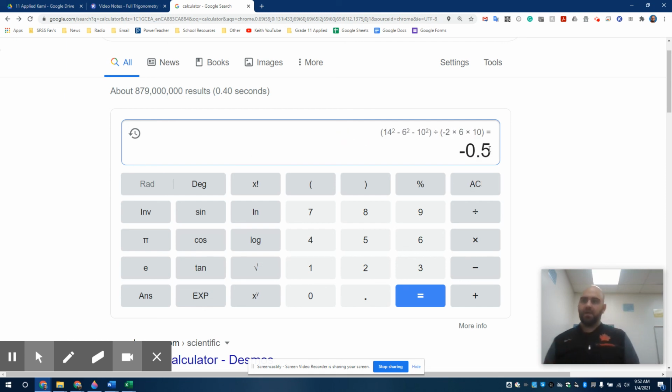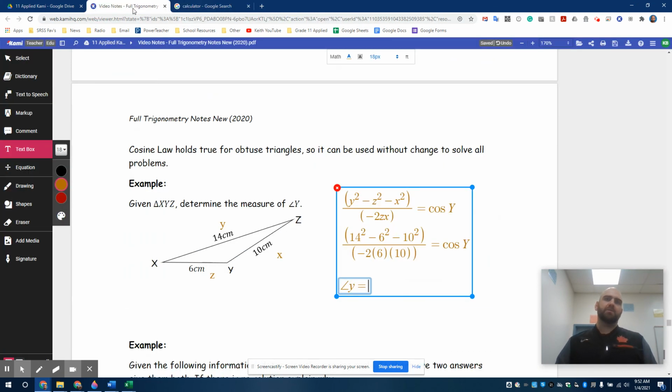We're going to be given some sort of decimal. It's always going to be a decimal. In this case here, it's a negative. We're in degrees, inverse cos of our answer, and we get 120 degrees. So y is 120 degrees.